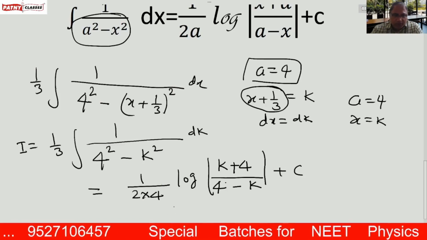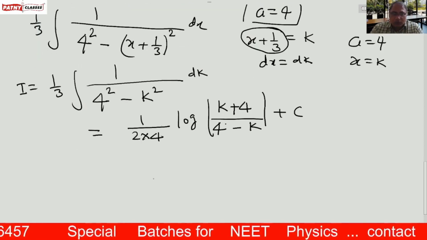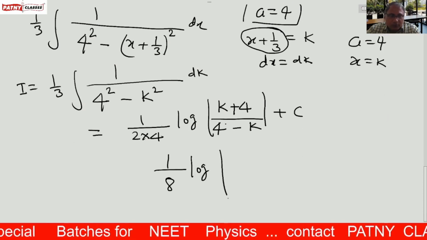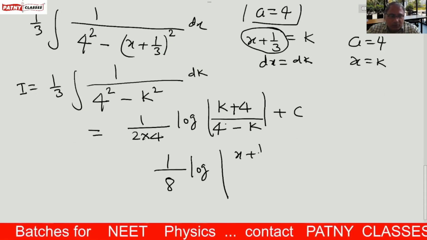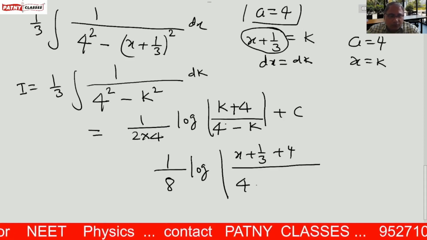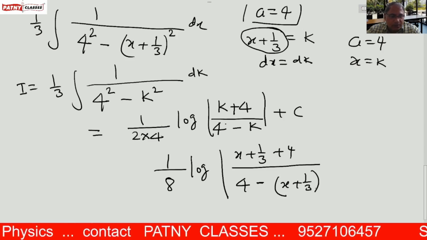Now here k equals x plus 1 by 3. So writing that value of k now, it is 1 upon 8 log of modulus x plus 1 by 3 plus 4 upon 4 minus x plus 1 by 3.